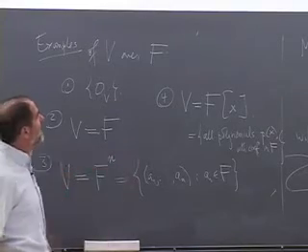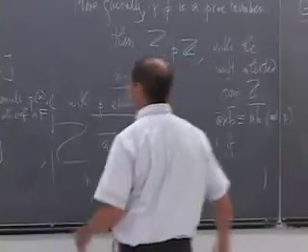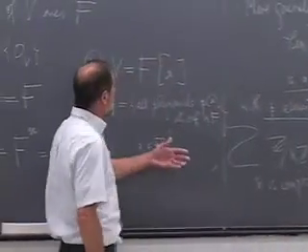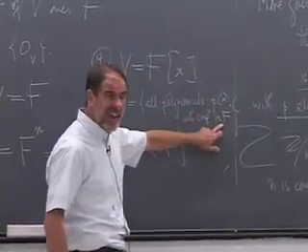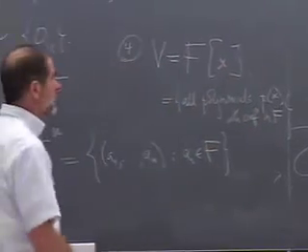You can multiply in that vector space because you can multiply polynomials, but forgetting the multiplication of polynomials, we can certainly add two polynomials, and we can certainly multiply a polynomial by a scalar. And if we just keep that structure, we get the polynomials.